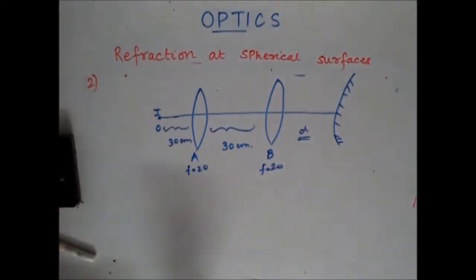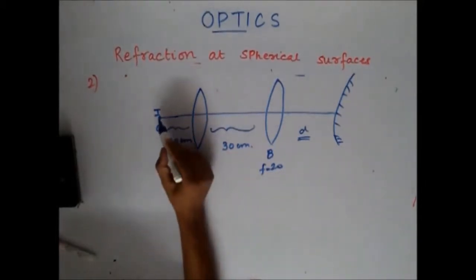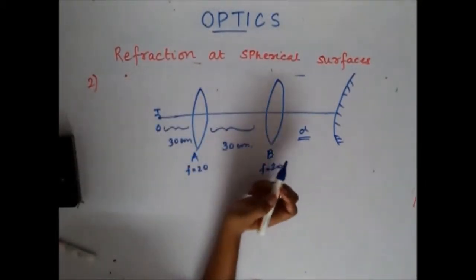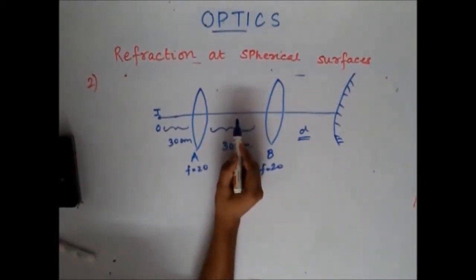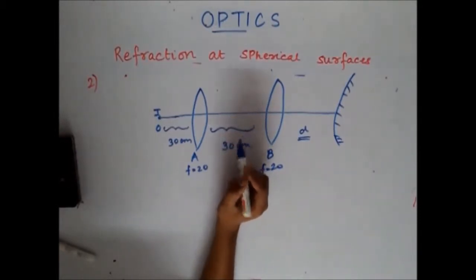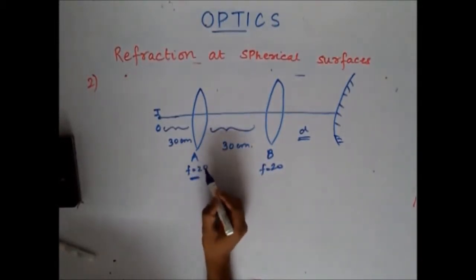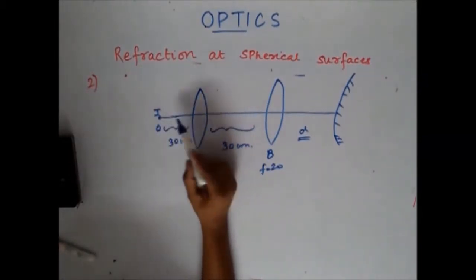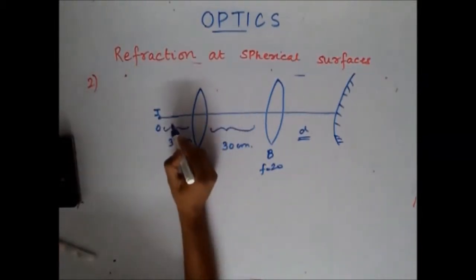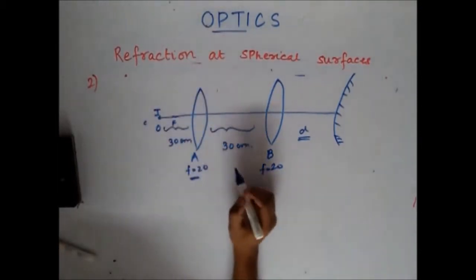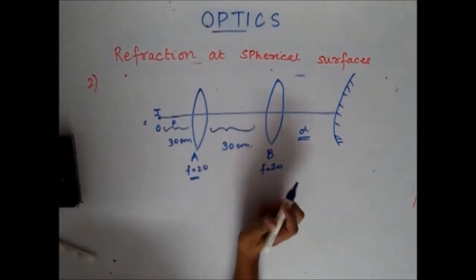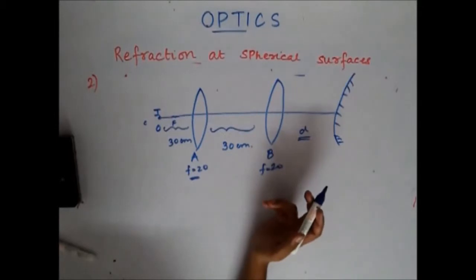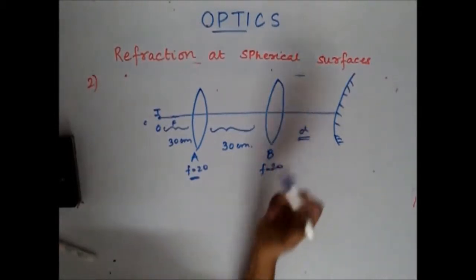Okay, one thing is for sure that this will form some intermediate image. Since the focal length is 20, that means the object is placed between the focus and the center of curvature. So my image will be formed somewhere here, somewhere this side.